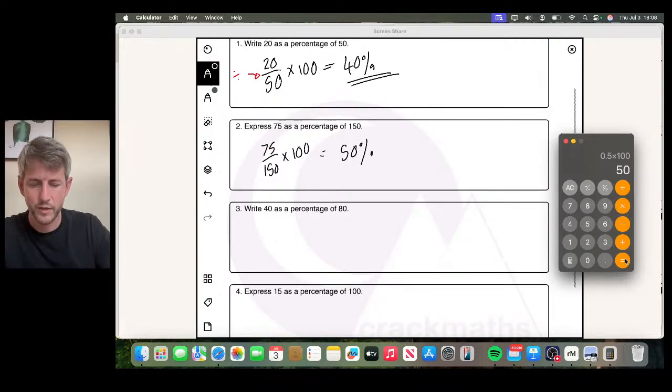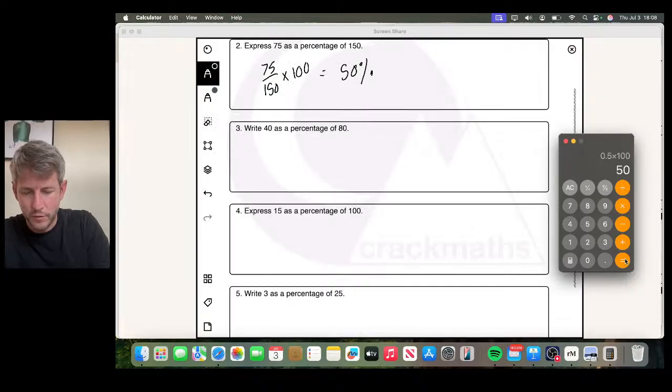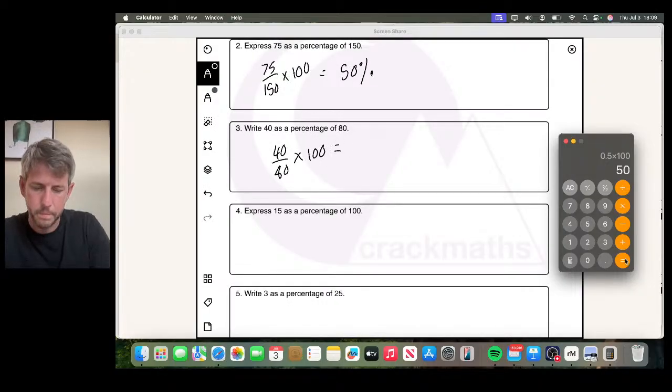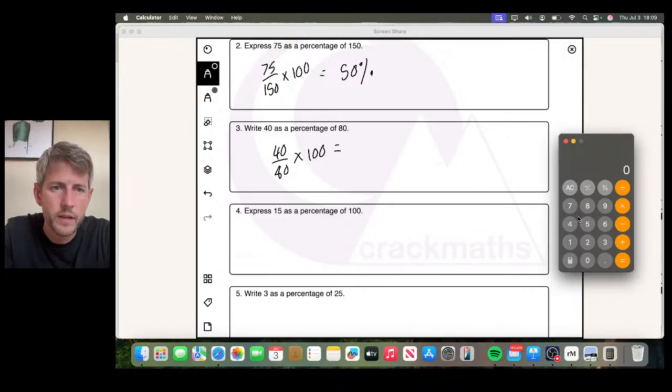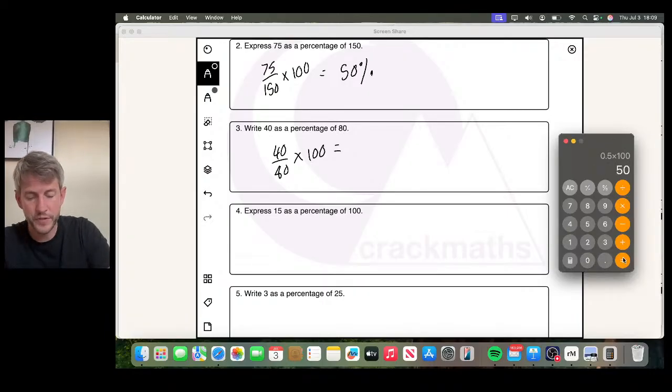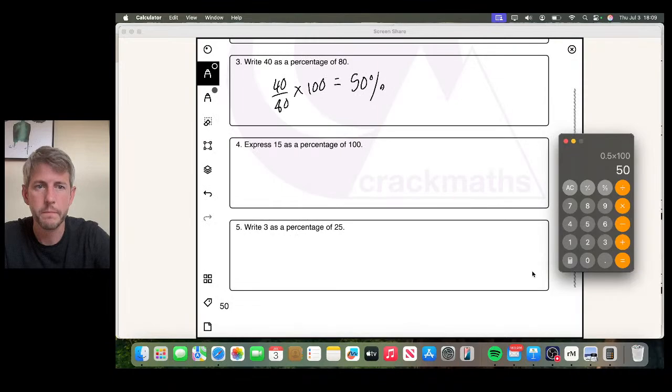Okay. Next one, we've got 40 out of 80 times 100. Okay, so again, we've got 40 over, which means divide, divided by 80. Always press equals here to find out what that is. Then times that by 100, and that equals 50. You might start being able to skip the times by 100 on the calculator, but it's up to you what you do.